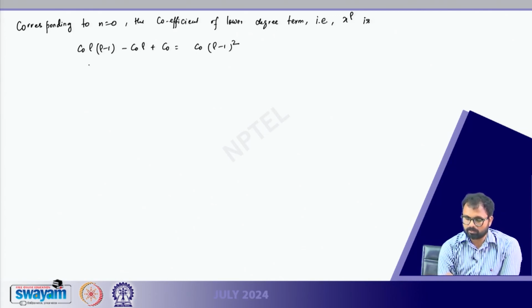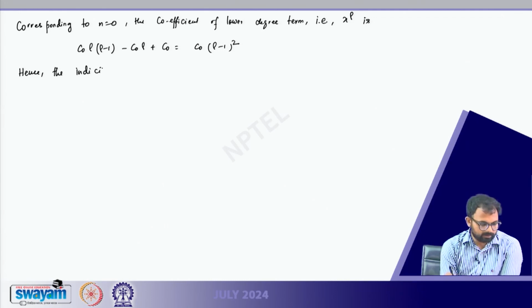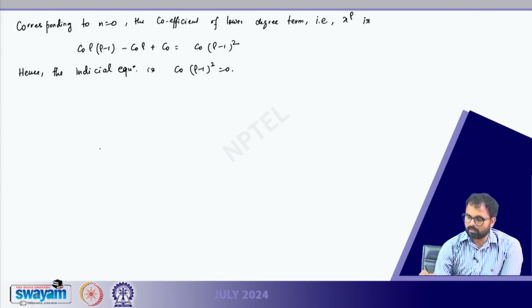So C0 is out, C0 (rho minus 1) whole square. This is the coefficient of x to the power rho when n equals to 0, and hence there is something called the indicial equation, C0 into (rho minus 1) whole square, and therefore we will come back to this.